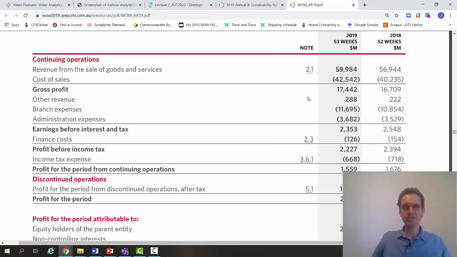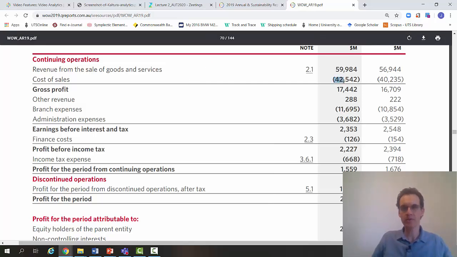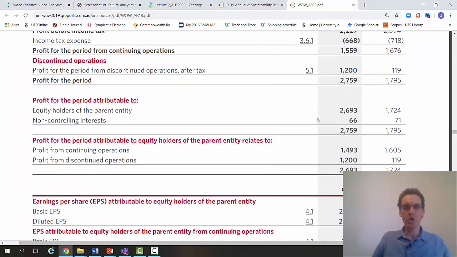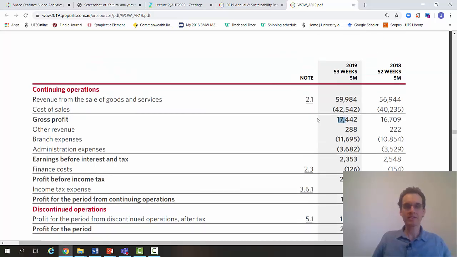So you can see there that they have $17.442 billion in gross profits in the 2019 year. Essentially, when they deduct all the costs of selling pieces of inventory, which is the $42 billion there, from their sales revenue, they are left with approximately $17.5 billion to cover all their other expenses associated with their operations, which for some of you is probably a surprise because you expected them to have a larger margin.